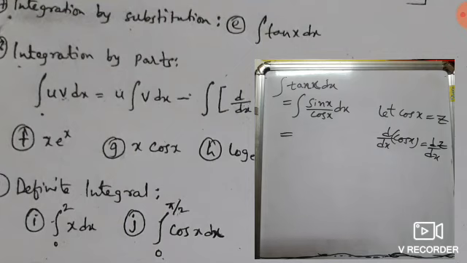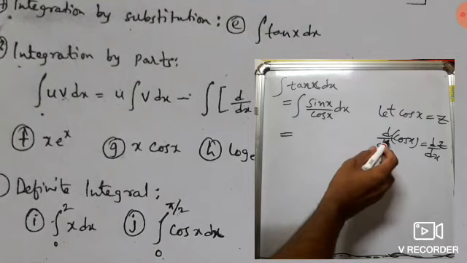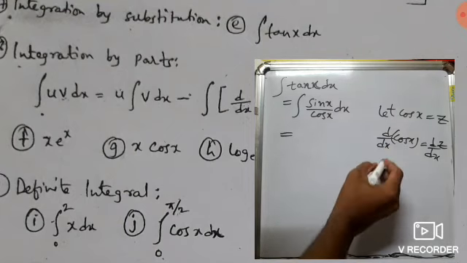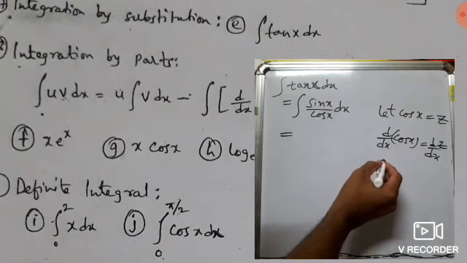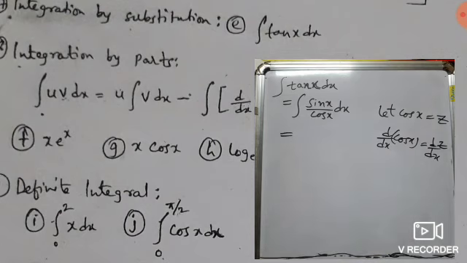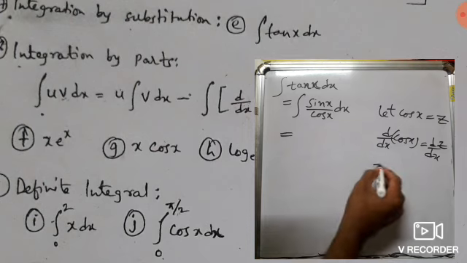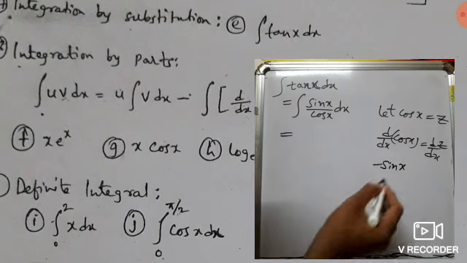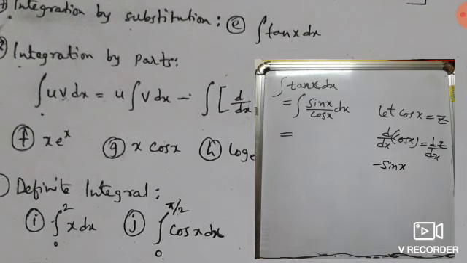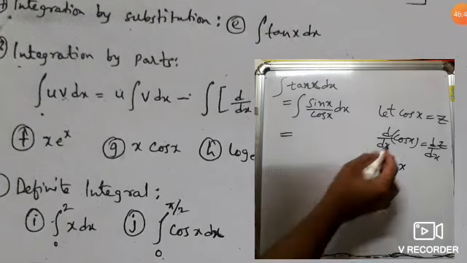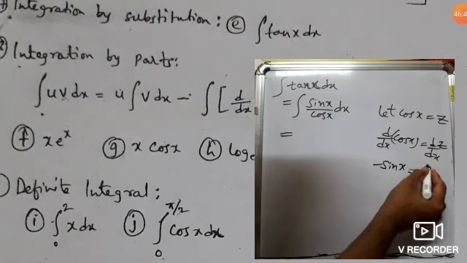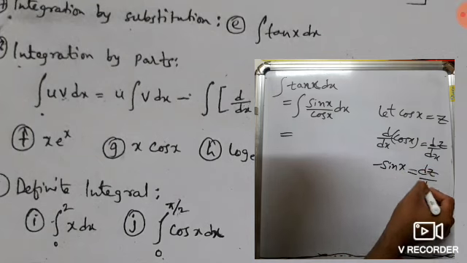So what we will get, d/dx of cos x will come out to be minus sin x, is equal to dz/dx.